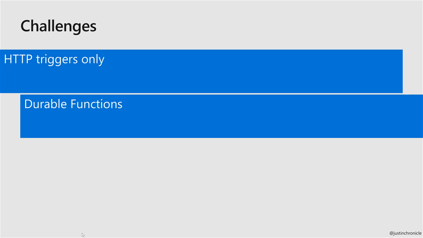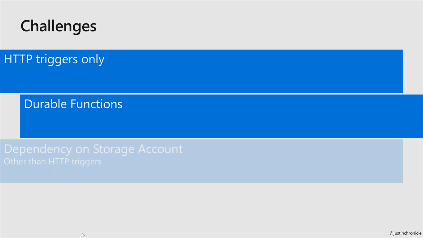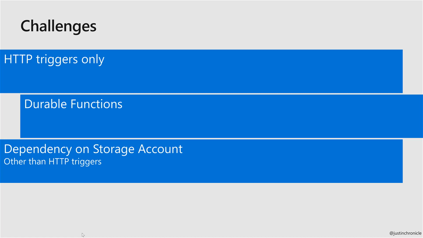Even durable functions use an HTTP trigger as the entry point, but we cannot run durable functions at this stage, because durable functions and other bindings and triggers rely on the storage account, which is Azure specific. Until the Azure storage account is decoupled, we can only use the HTTP trigger at the moment.